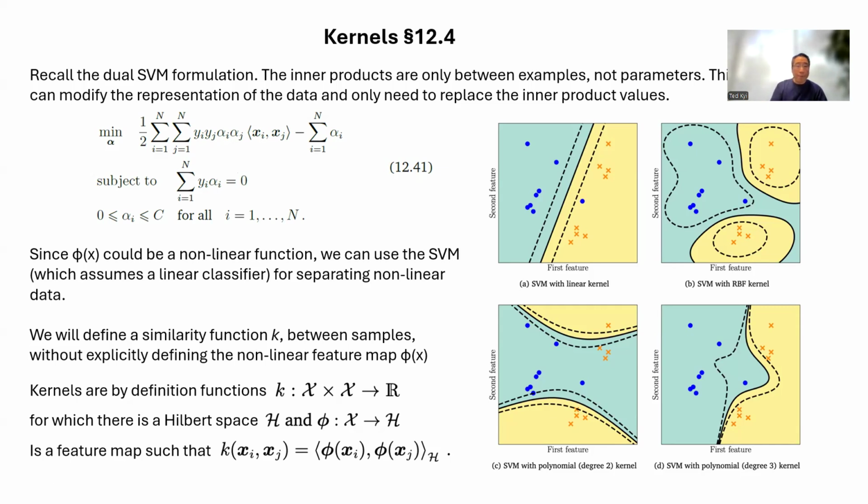Ultimately, when you optimize this problem, if you have one positive point that's on the margin and one negative point that's right on the margin, what you're going to end up doing is putting all of your chips on the one point that's the closest to the other class, and putting 0 on all the other ones, because why would you put more weight on points that are farther away?